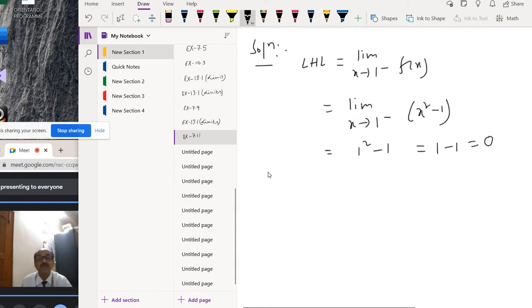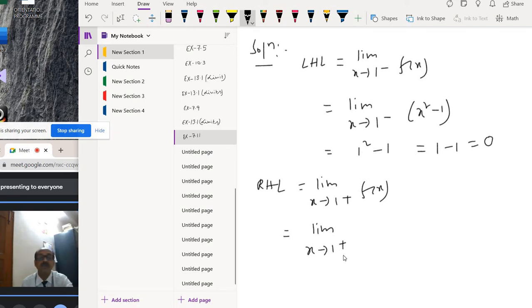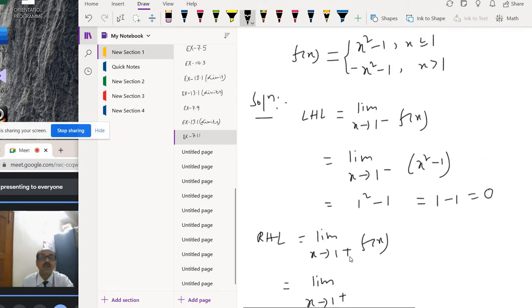Now the right hand limit, x tends to 1 plus of f(x). Here x is greater than 1, so the function is minus x square minus 1.